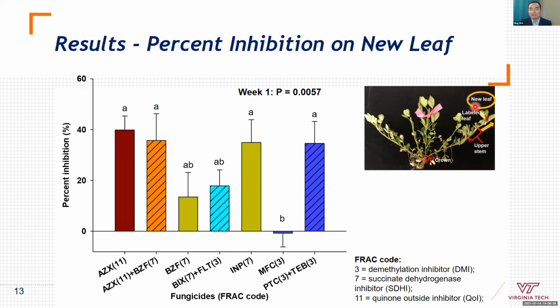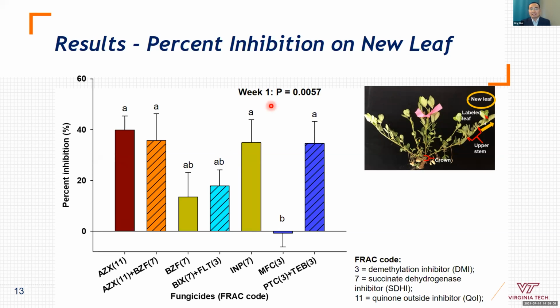While for the new leaf, this is the youngest mature leaf on each evaluation date, so we assume that it's not present when the fungicide is being applied. So inhibition on this new leaf can indicate potential upward or acropetal movement of those chemicals. We found most of the chemicals can provide 20 to 40% inhibition at week 1 after fungicide was applied.